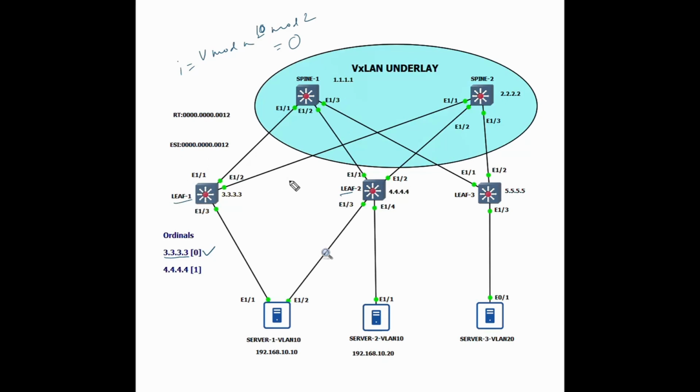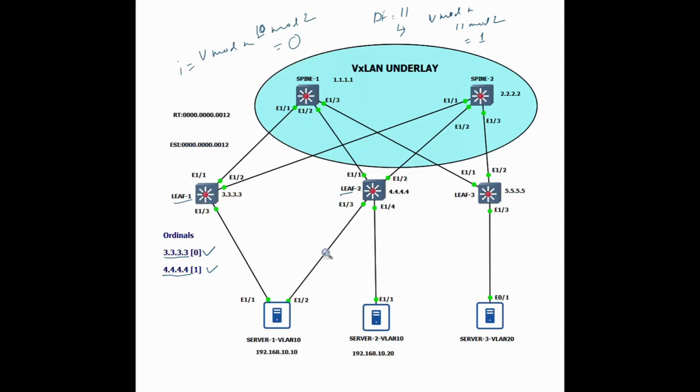Just to reiterate with another example, if we have to calculate the designated forwarder for VLAN 11, let's say, we run the same formula, V mod N, which gives us 11 mod 2, a remainder of 1, and as we can see, leaf 2 with an IP of 4.4.4.4 has the ordinal value of 1.